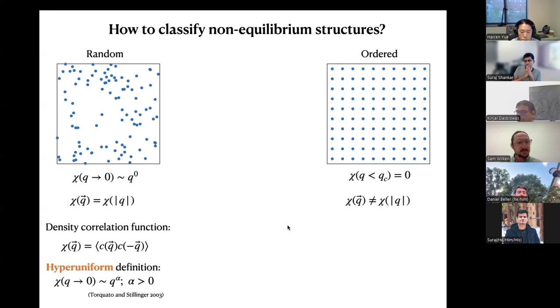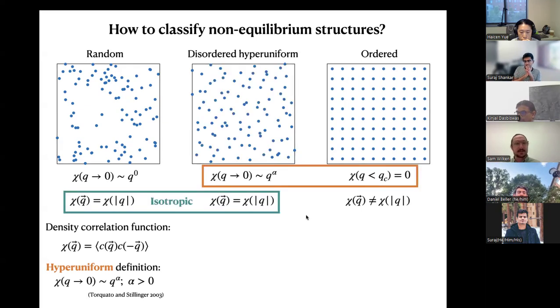What they found in formulating the mesoscale structure in this way is a new class of systems, so-called disordered hyperuniform, that have long-range order like the crystalline structures, but also local isotropy, in that this density correlation function looks the same in every direction.